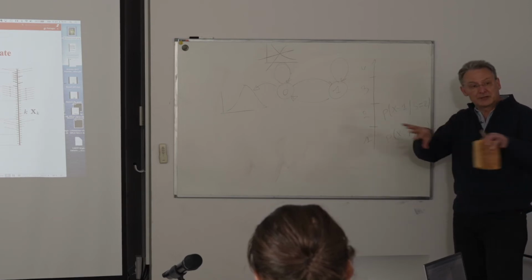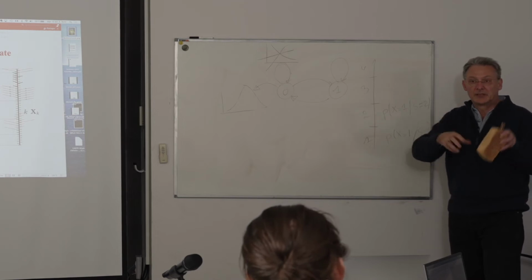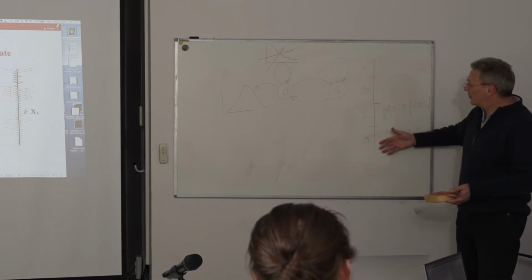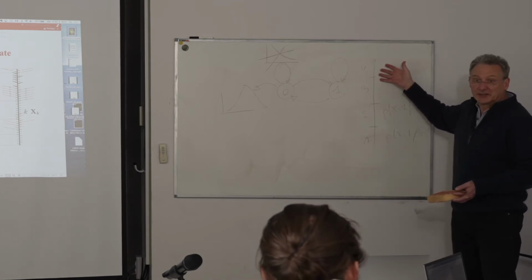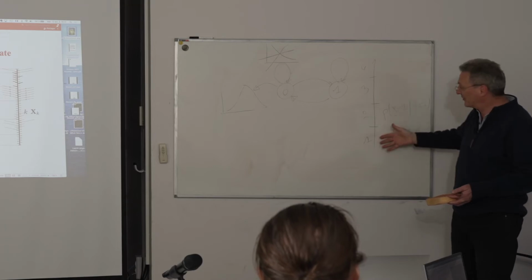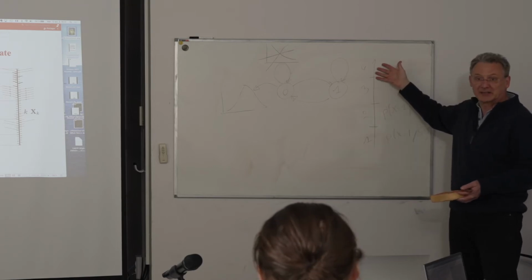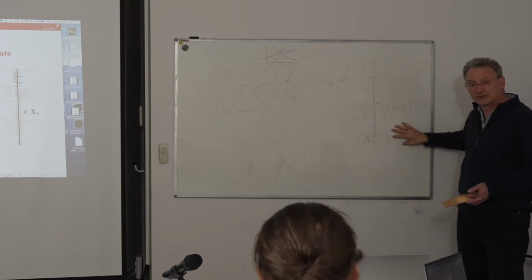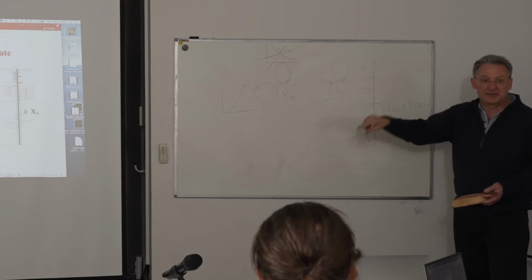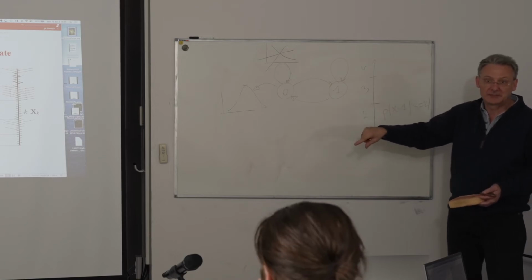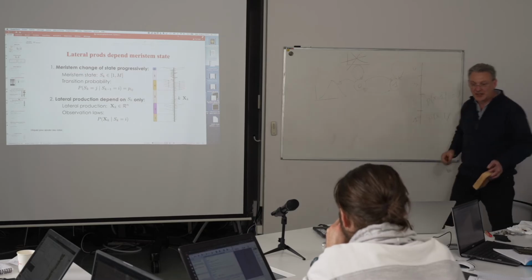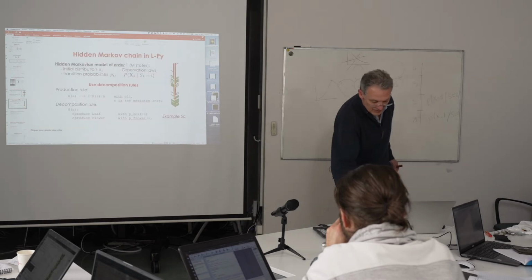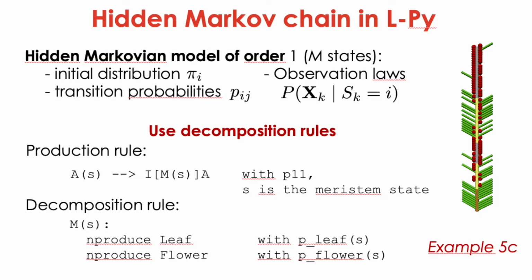So you decouple a process that is stochastic, that is hidden, that you don't see. It's a sort of assumption about what is behind. And what you observe is something that depends on the state that is hidden. Okay? And with this, you are able, for instance, to define at each node several variables, so this can be a vector.